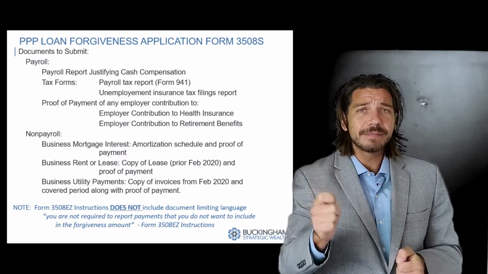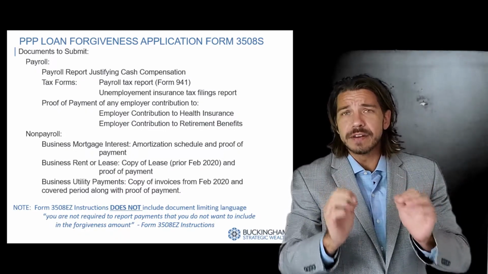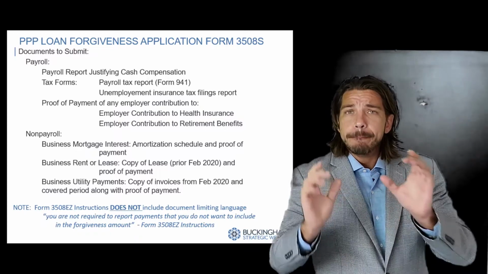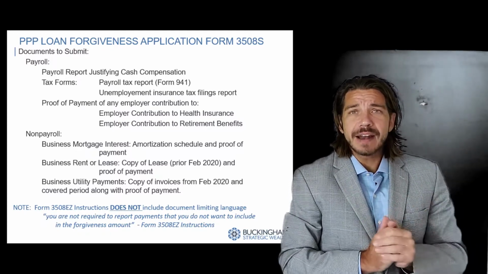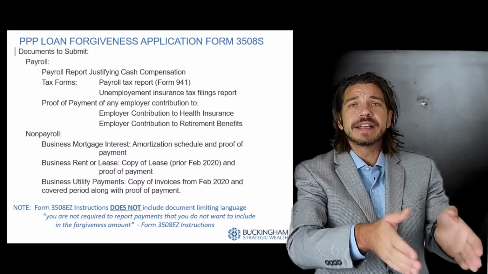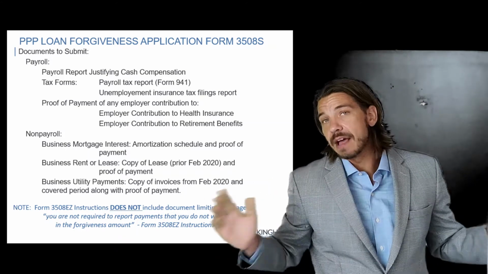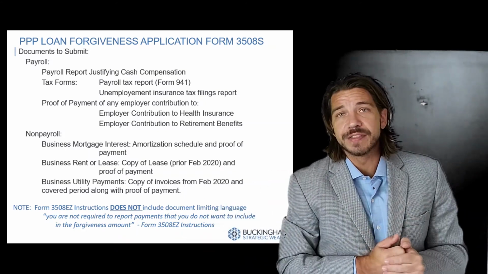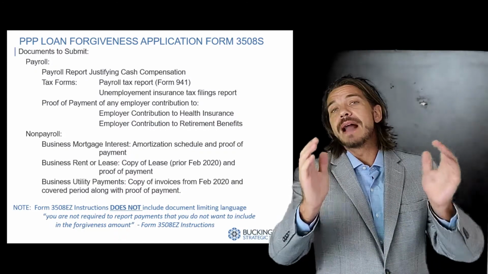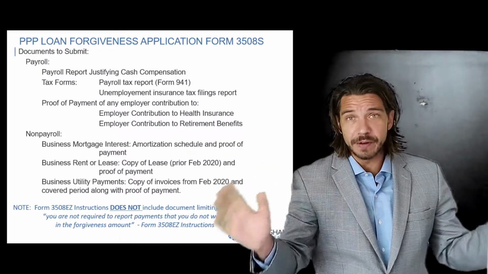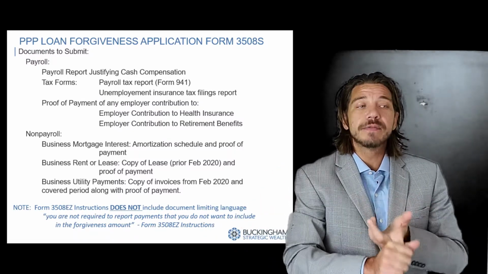But the important aspect of it, the 3508 EZ form and the 3508 original form, both have notes in their guiding document that say if you are not reporting a cost for forgiveness, then you don't have to justify that cost. What that does is allow us to eliminate the document retention that we need to do. That doesn't exist in the 3508S. So while it looks nice and straightforward in terms of we don't have to do any math, keep in mind you are going to have to provide all of your payroll costs.